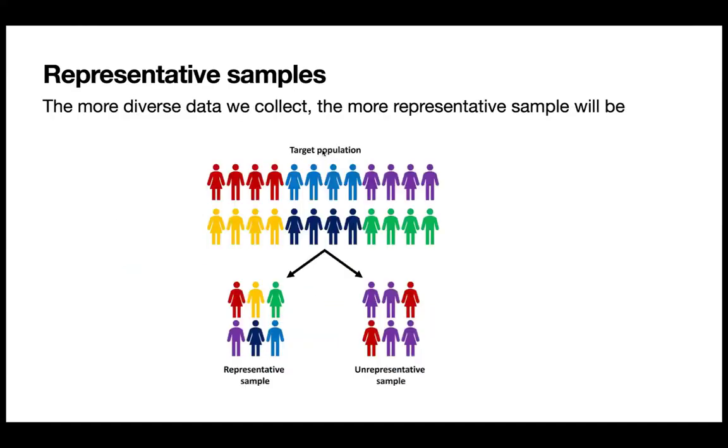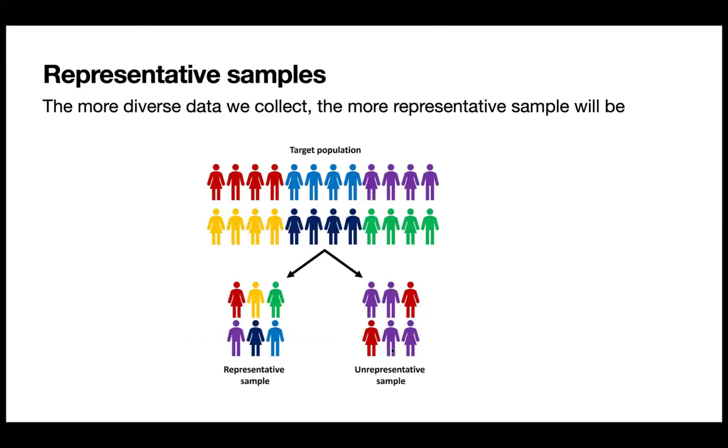Yes, so that task is about representativeness of samples. Let's take a look at this slide. It basically says that the more diverse data we collect, the more representative the sample would be.